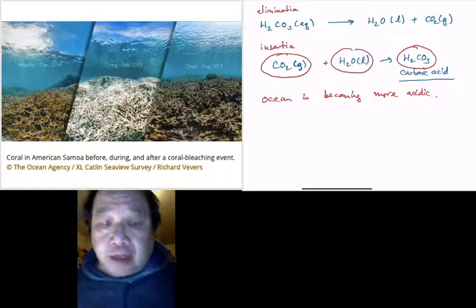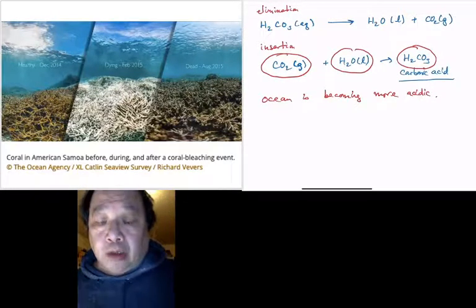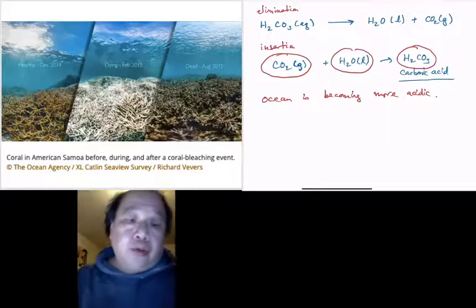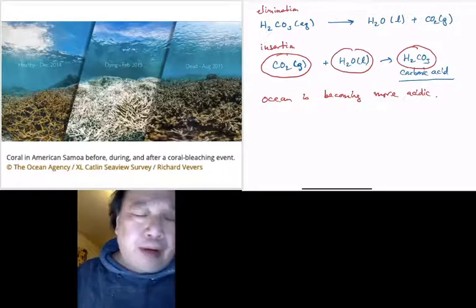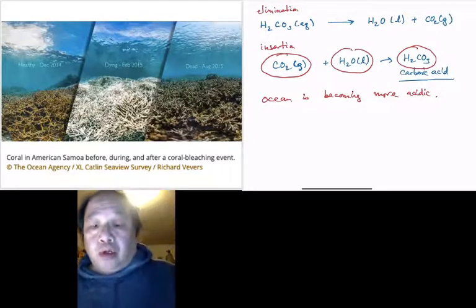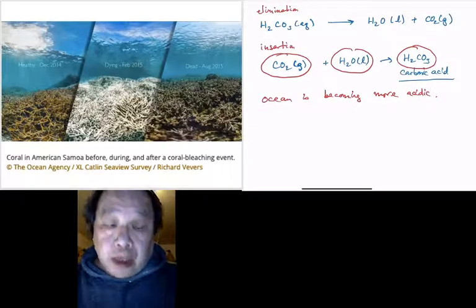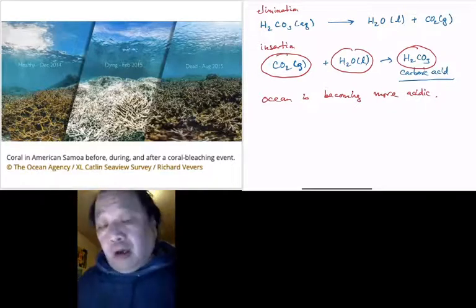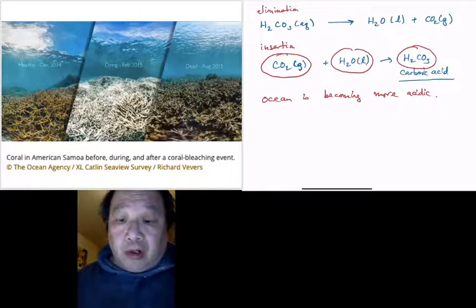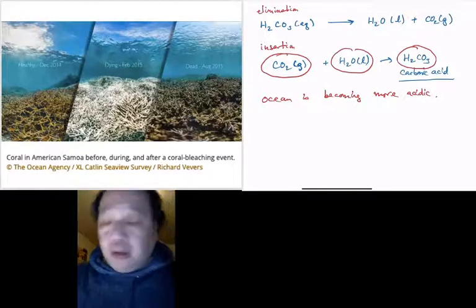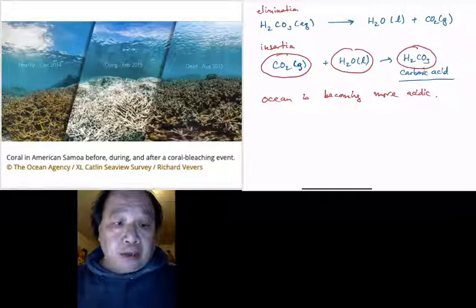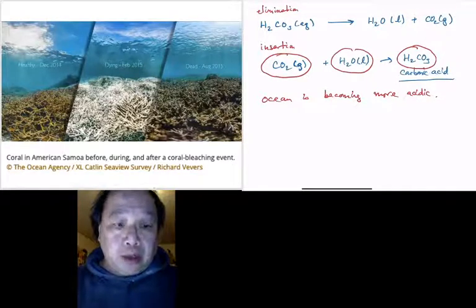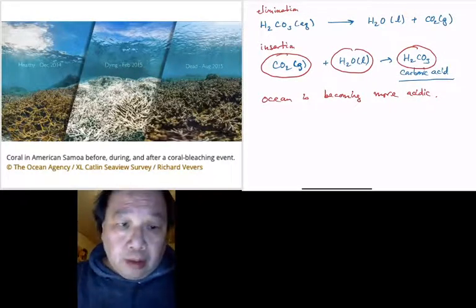There are life forms that can't take more acidic water, and so the coral in the Great Barrier Reef off Australia, the coral in American Samoa, it's just dying, and there's all kinds of fauna that lives off the coral, and they've got to be dying too. So here's a very important insertion and elimination reaction that's related to climate change.